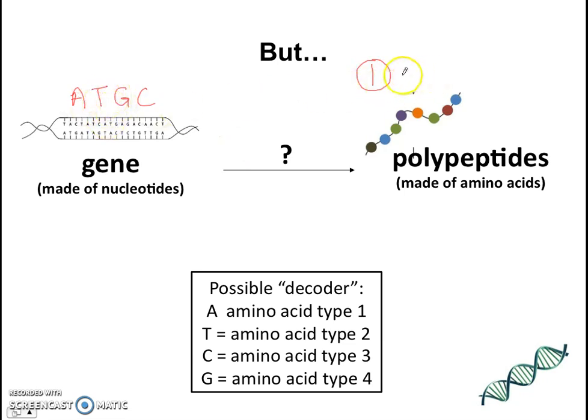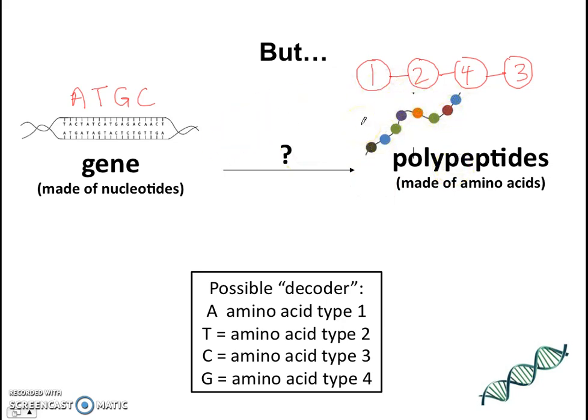And then if there's T, then the next amino acid would be type 2 amino acid. And then if there's G, the next one would be type 4 amino acid, and then finally type 3 amino acid. So from this 4 nucleotide sequence, I get a 4 amino acid polypeptide.